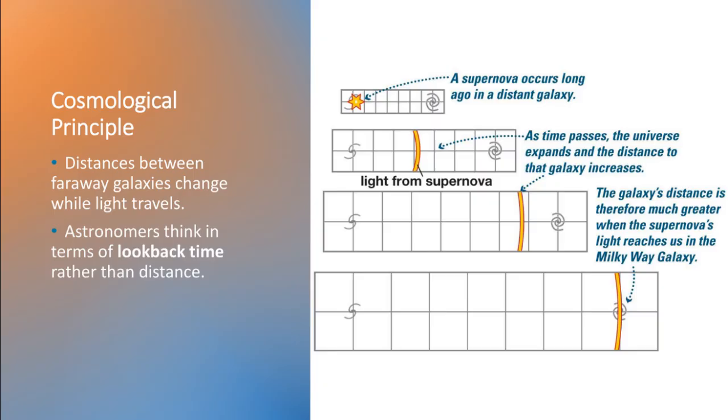And this is also why the wavelength of that light is being redshifted, because it's being stretched as it travels along the expanding space-time. And so you can think about distance, but you can also think about it as a look-back time. So you're looking farther out in space, but you're also looking farther back in time.